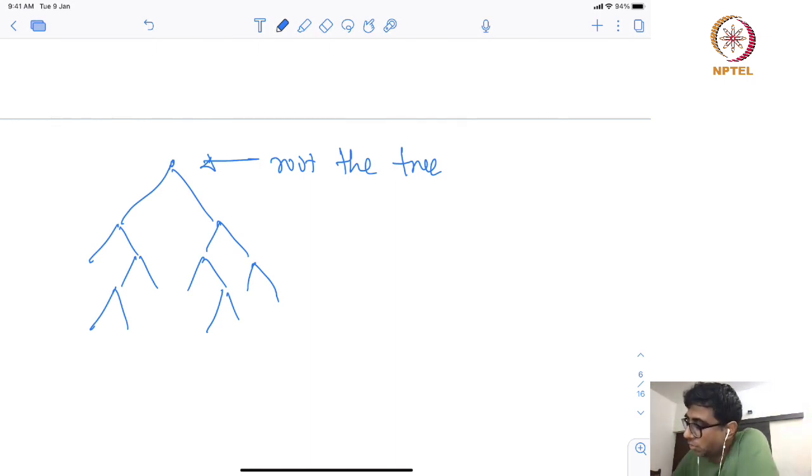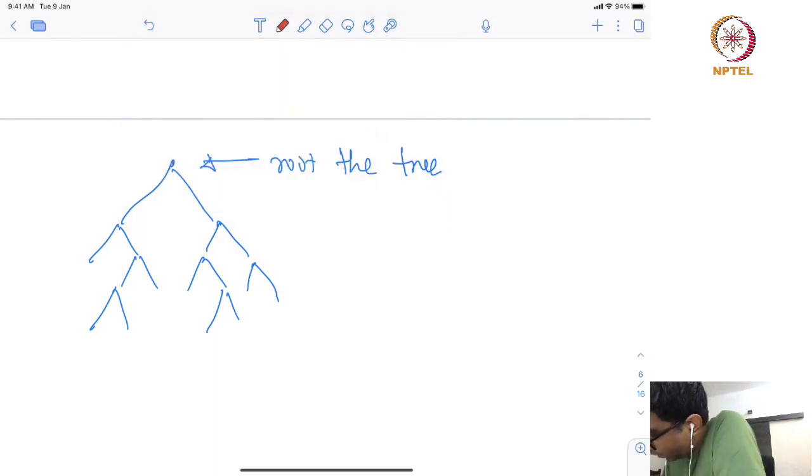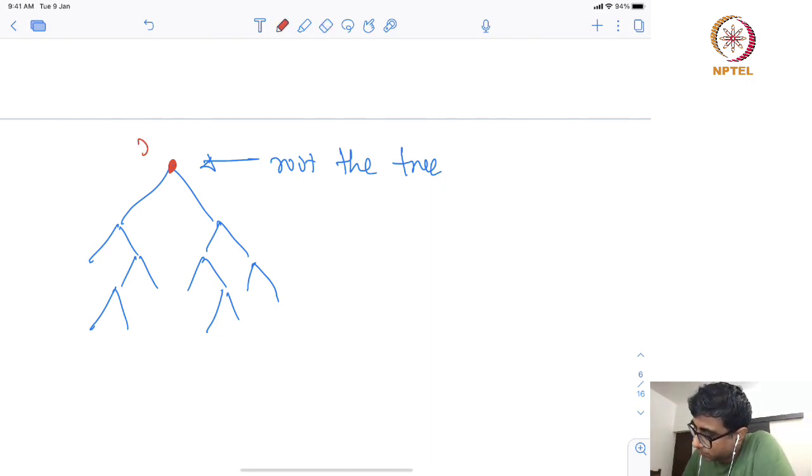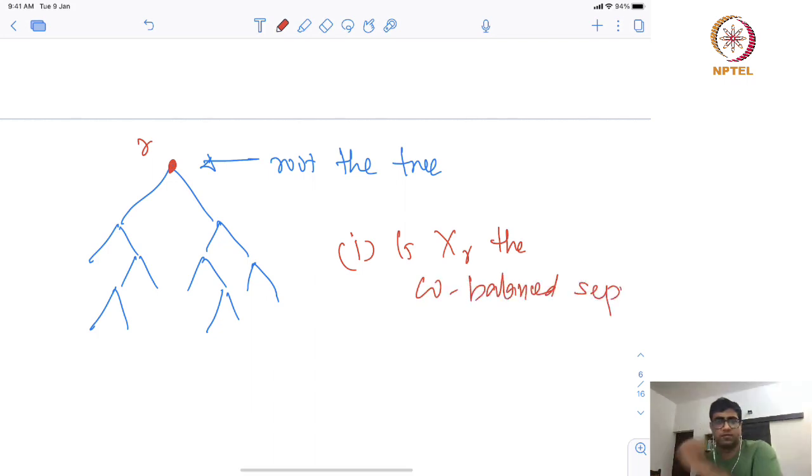And you ask yourself, so this is my root. Now I ask myself the following question: is X_R the weighted balanced separator? Let us ask ourselves this question.